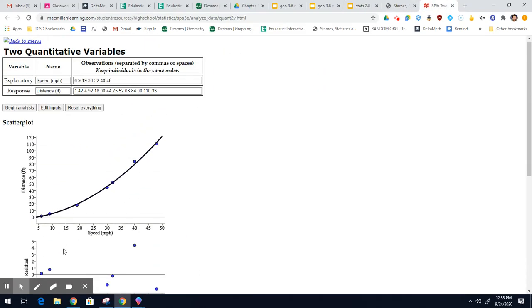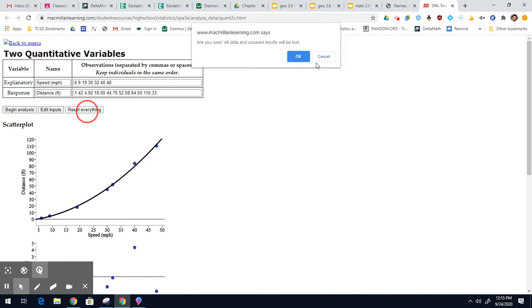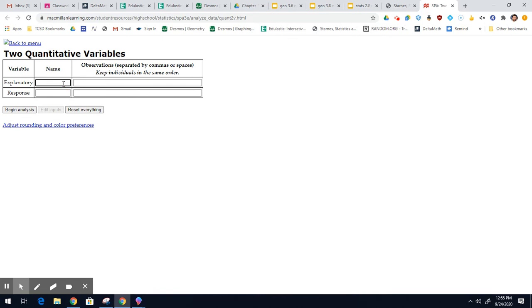I'm going to reset everything. You're going to have to graph this, so let's type in adjusted scoring average, and I'll type those numbers in.